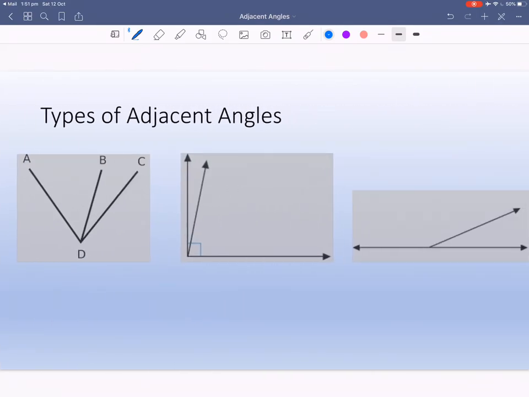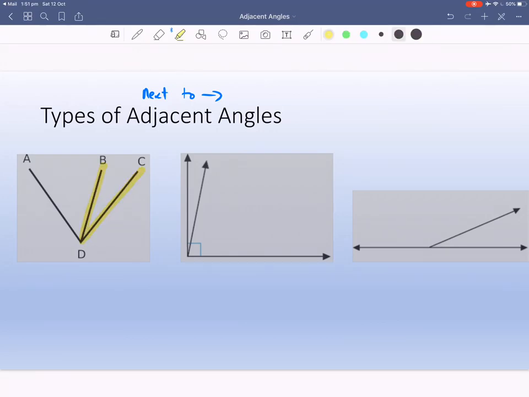All right, so these are types of adjacent angles. Adjacent just means next to. So adjacent angles are just next to. So we have two adjacent angles here.